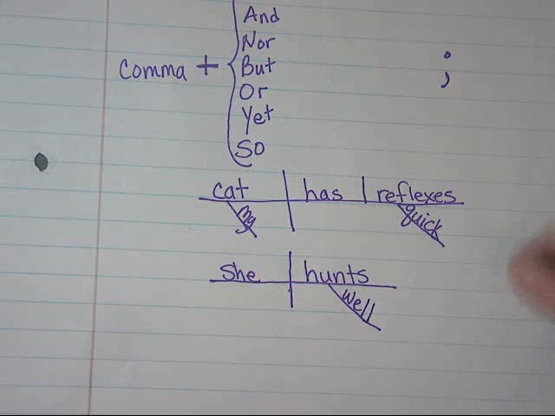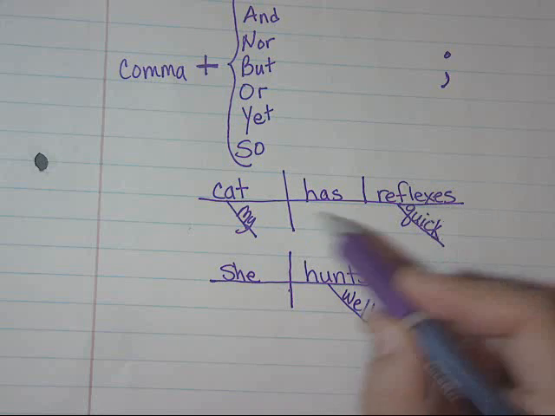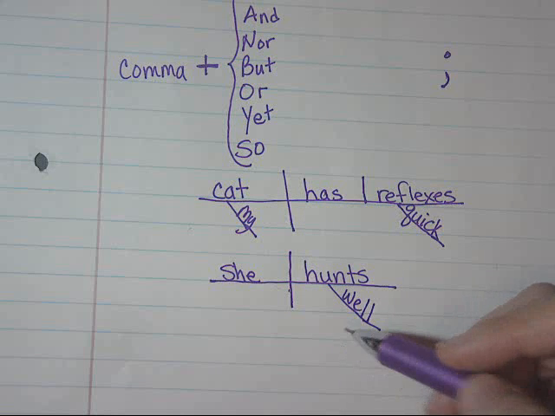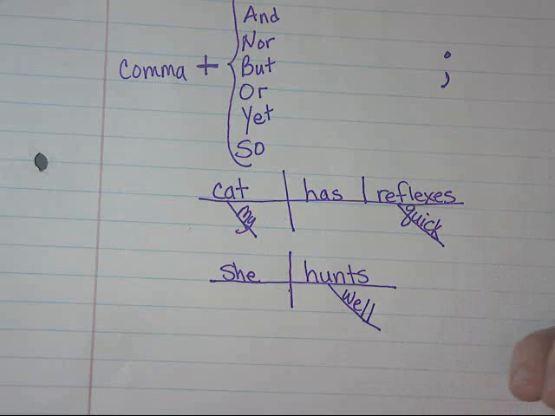Okay, now let's deal with the connection that hooks these two sentences together. Now, as you know, without a verb, you can't have a sentence. The verb then is the strongest part of the sentence, and it's where we're going to connect the two sentences together.